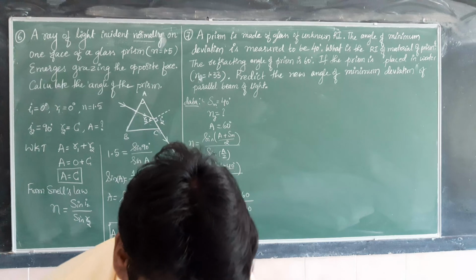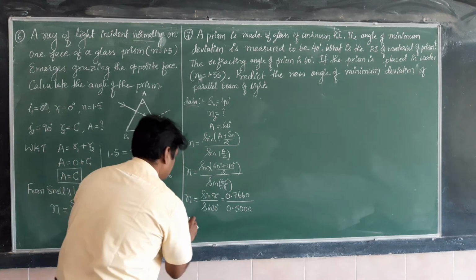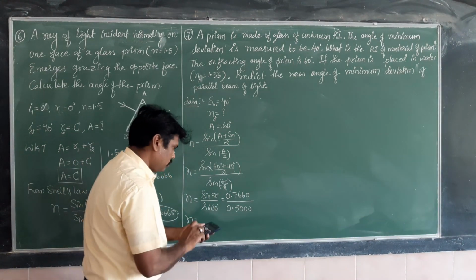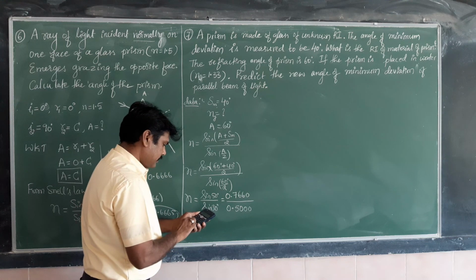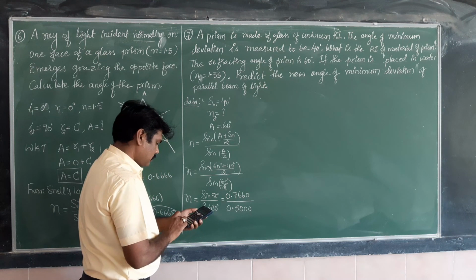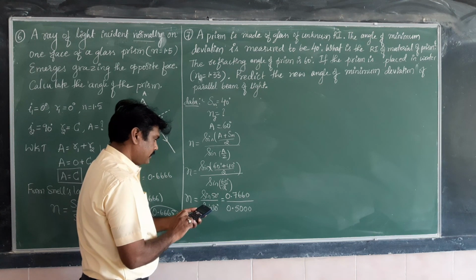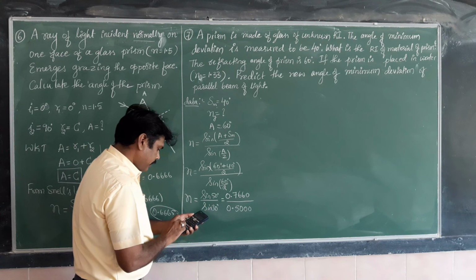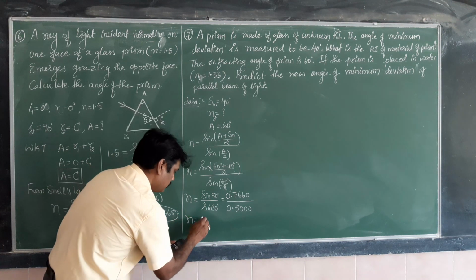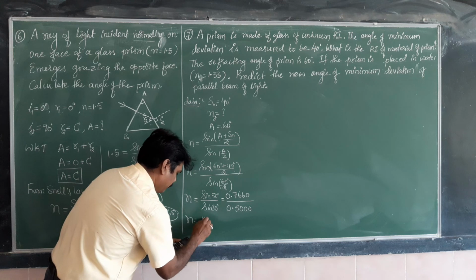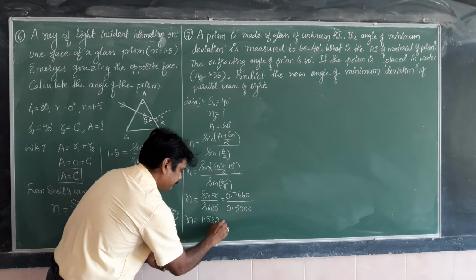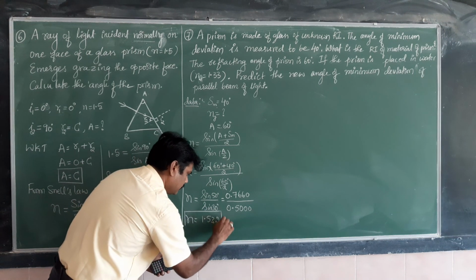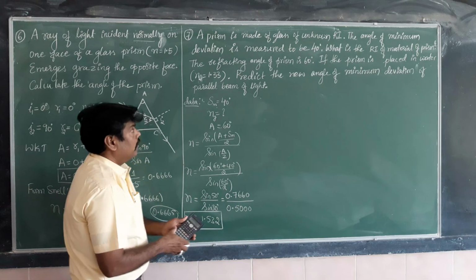If we take that value, we get refractive index n equal to 0.7660 divided by 0.5000. We get n is equal to 1.532.